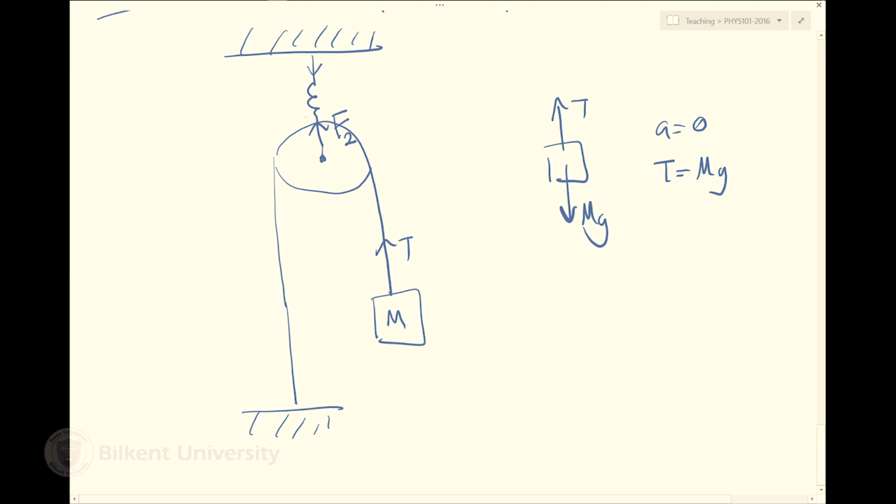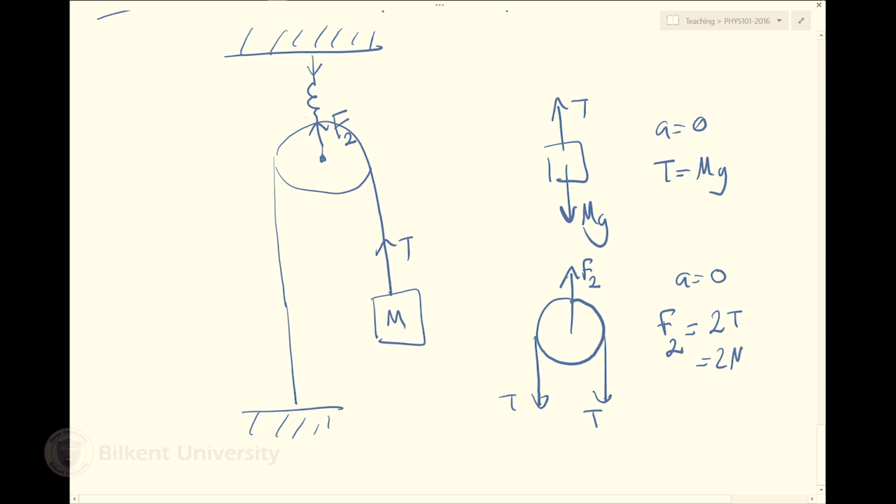Well, now I'll do the free body diagram for the pulley. It's being pulled down by 2T, and it's being pulled up by the spring, F2. So its acceleration is 0, which means F2 is 2T, which is 2mg.